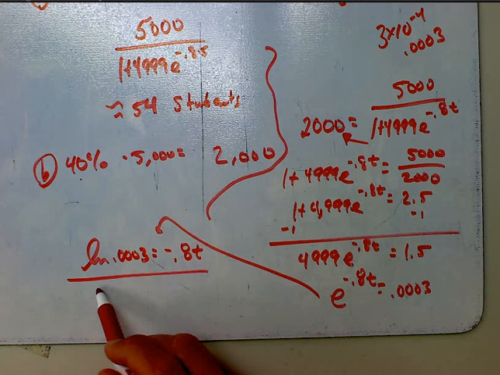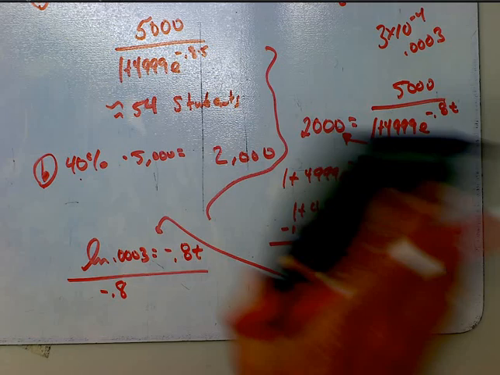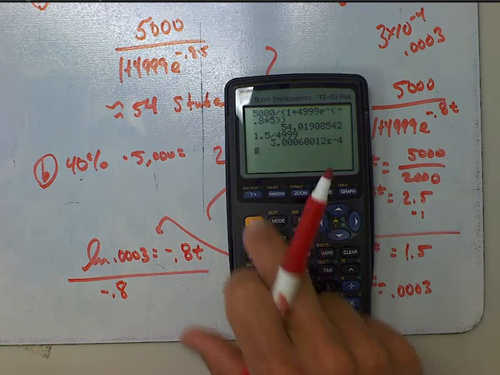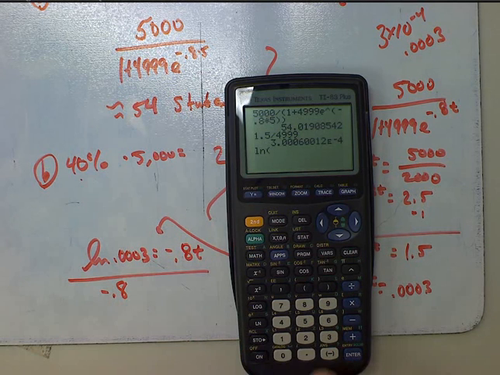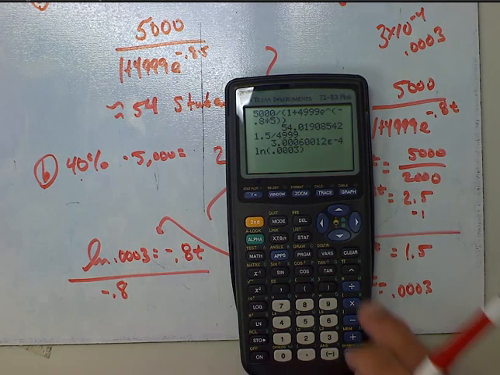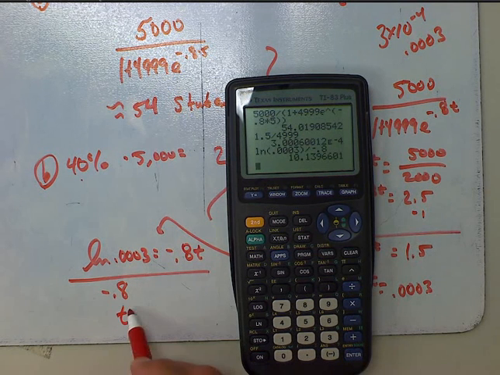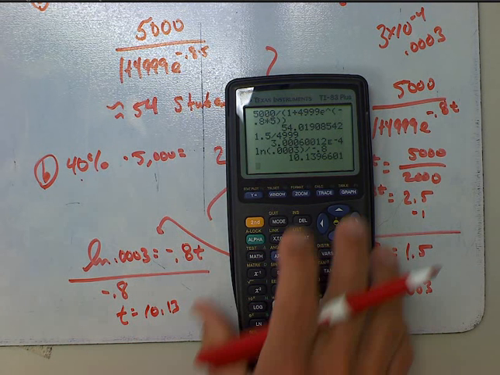And so in my calculator, I'm going to take the natural log of 0.0003, close the parenthesis, divide by negative 0.8, hit enter, and I get t equals 10.13 days. So what that means is after about 10 days, class will be canceled.